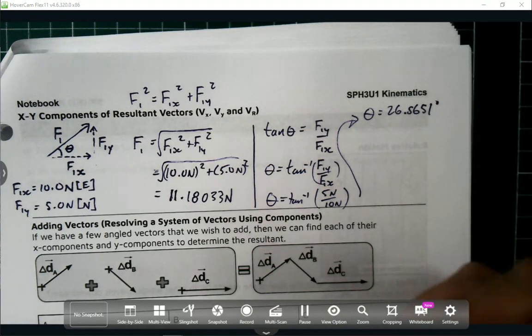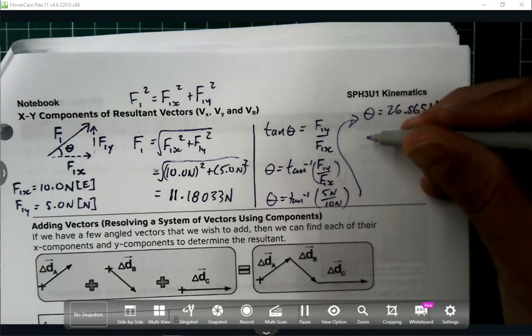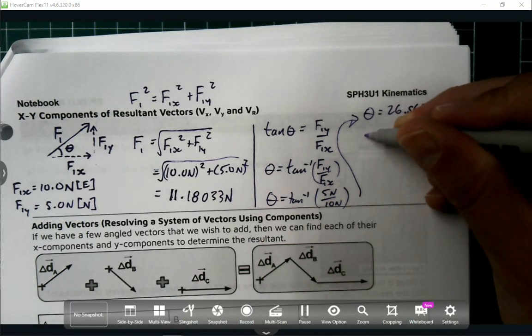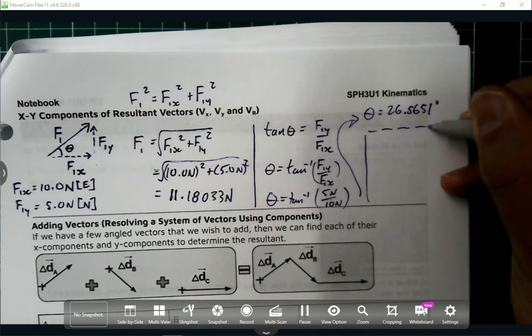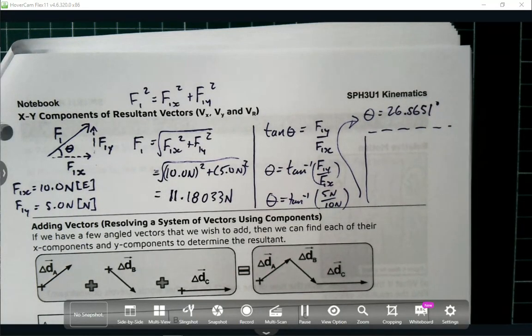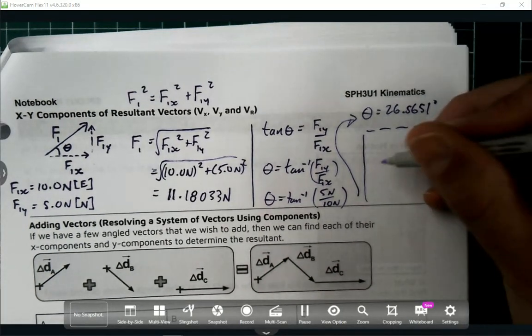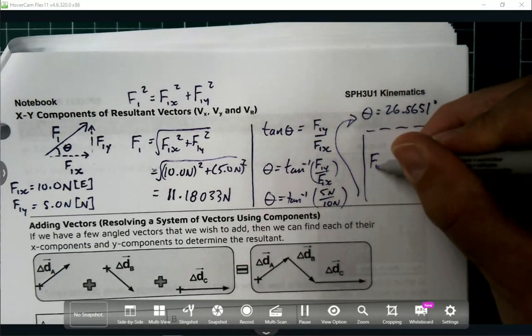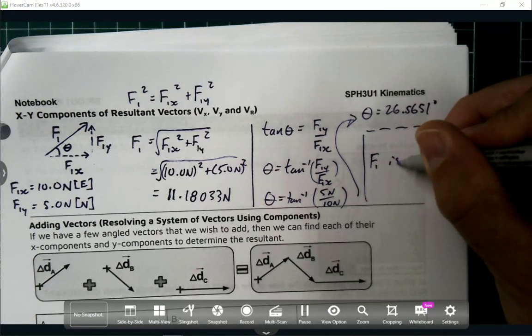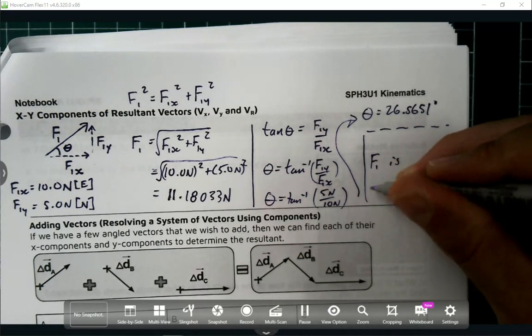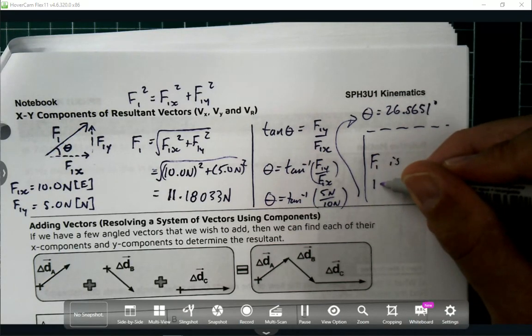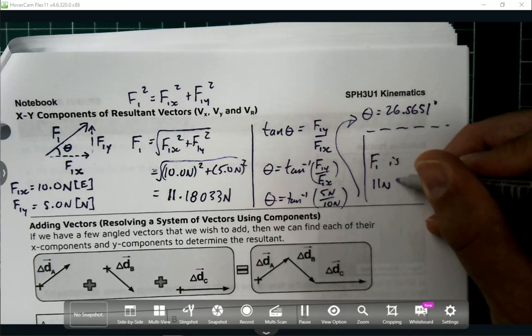Degrees? All right. And so I've kind of blocked myself into a corner here, I suppose. But I could say that F1 looks like we only have 2 sig figs, 11 newtons.